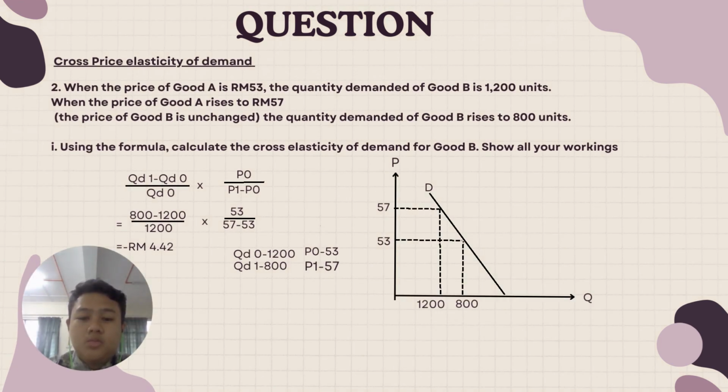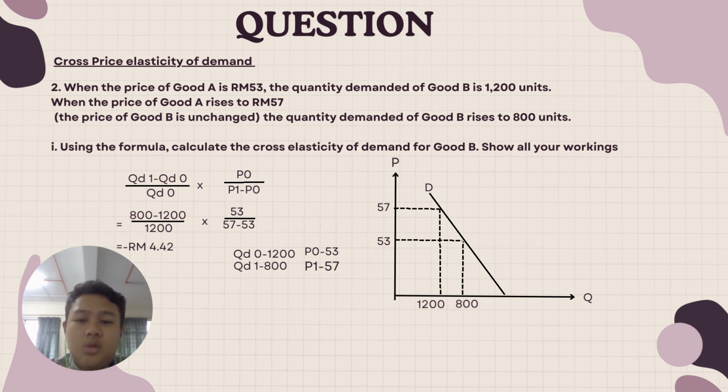Assalamualaikum. My name is Muhammad Irfan and I will explain how to solve question 2. Question 2. When the price of good A is RM53, the quantity demanded of good B is 1,200 units. When the price of good A rises to RM57, the price of good B is unchanged.